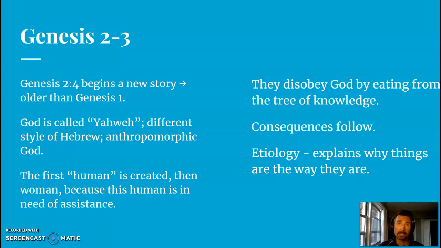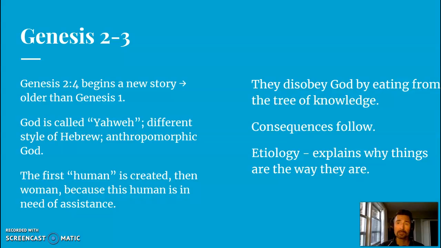And I think I might have mentioned this in some of our previous discussions, the word that's used for the helpmate, for the woman, denotes a superior. It's the same word that's used in the Hebrew Bible when God is called on as a helper. So the word for woman, the helper, is used in the same way that God as helper is used. So it suggests a superior presence.